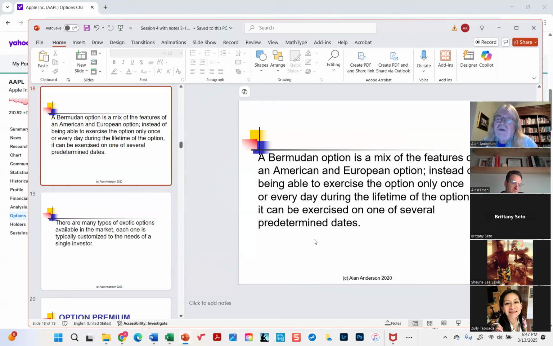Now, the scuttlebutt is that the name derives from the fact that Bermuda is in between Europe and America. Some of these names, nobody knows where they came from. Now, of course, if you look at a map, you'll see that Bermuda is way closer to America than Europe, but still, I guess it sounded like a fun name. And so this is what we still have.